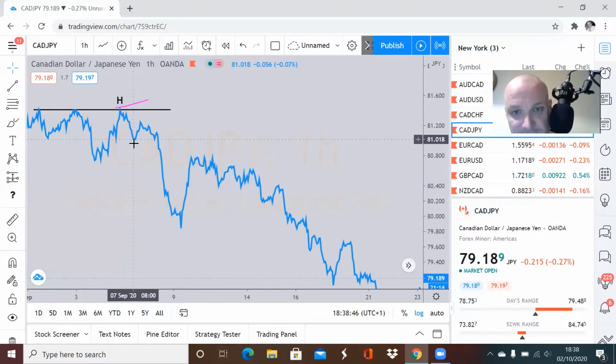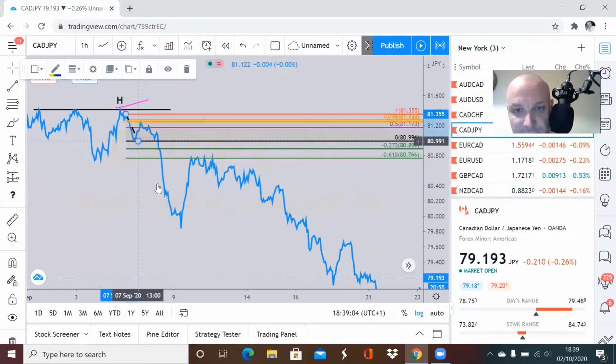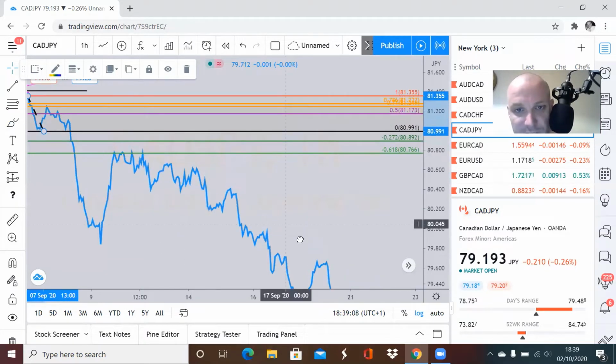So what we do is identify this here, because you've got a high, and then you've got a new high point. We can do from this swing point, let's take a look, down to here. Now look at this, guys. There's one trade right there.